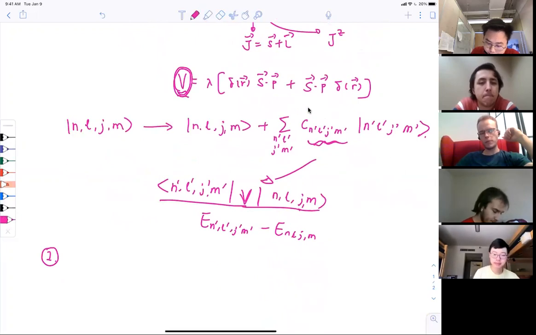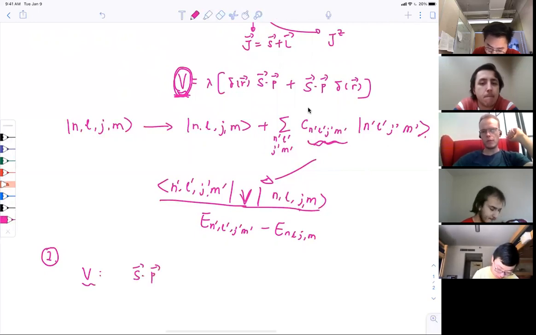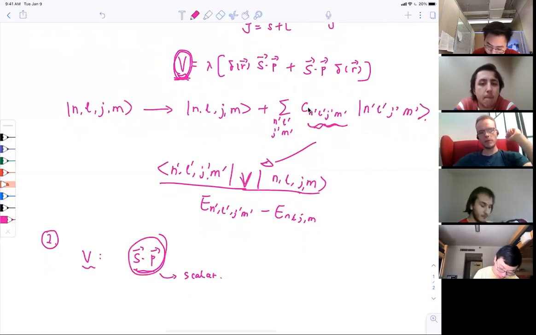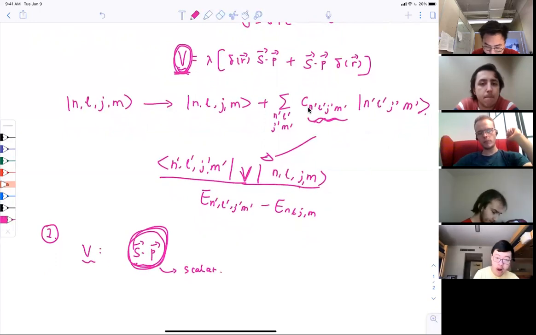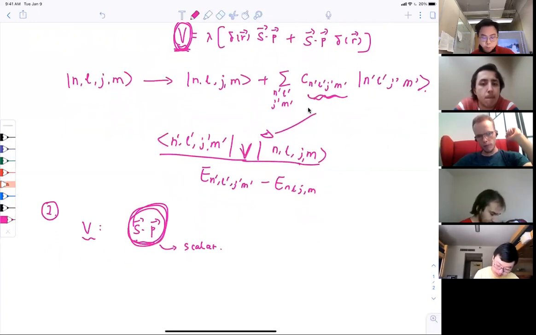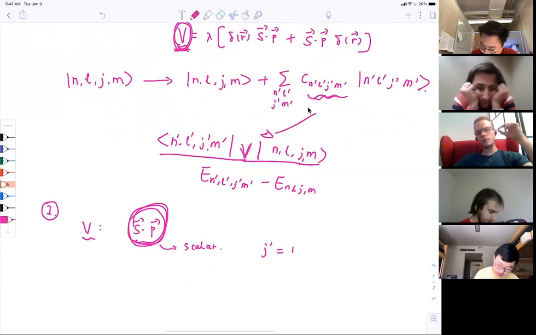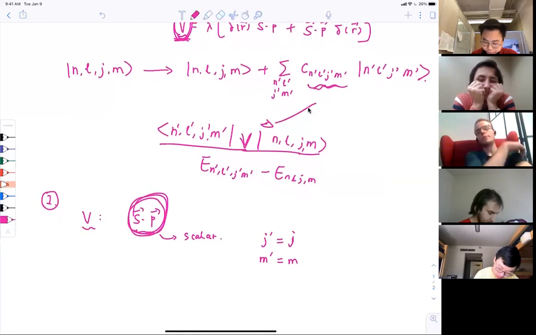First, since you notice that this is made up of this kind of S dot P, this is a scalar, right? Meaning that if you rotate, this remains invariant. And according to the Wigner-Eckart theorem, this implies your J prime must equal to J and M prime must equal to M, right?